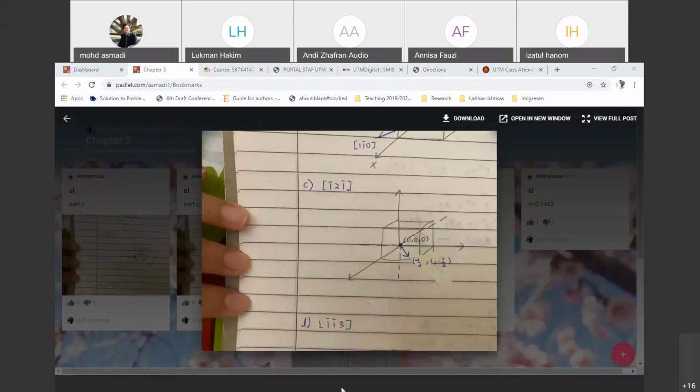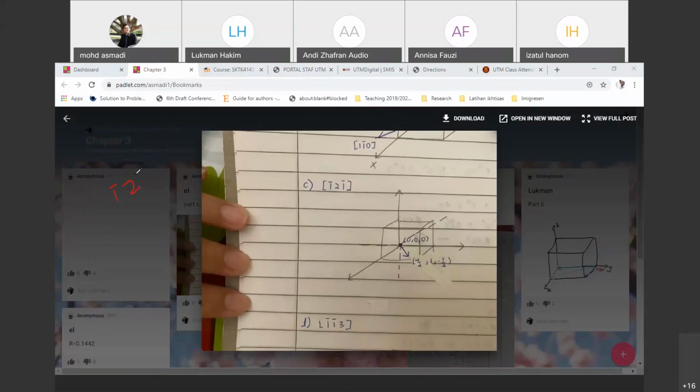Negative half to negative 1 to negative 1. So the direction is negative 1 to negative 1, isn't it? So actually this is equal to negative half, 1, negative half.